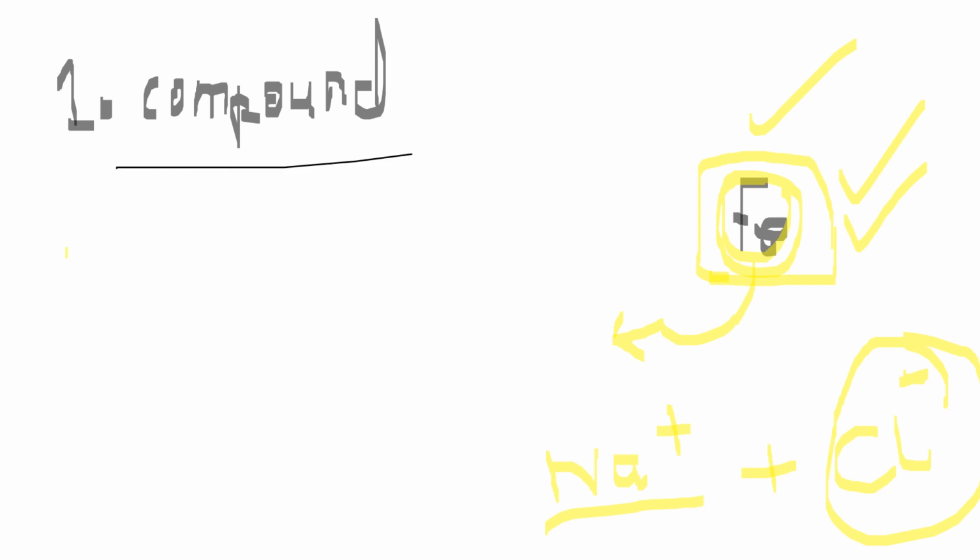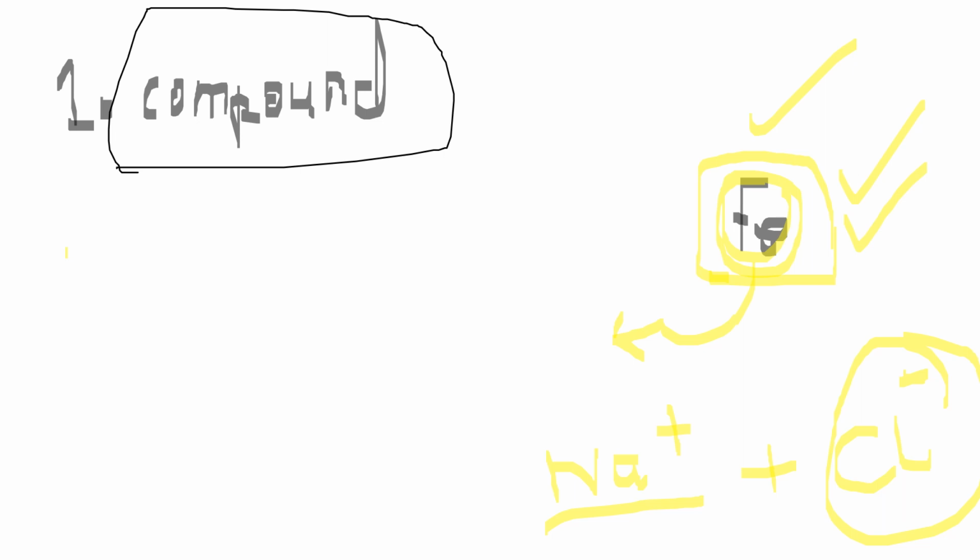So the first point that we should note is that it should be a compound, because a single element cannot produce ions apart from their valency, and they just have the outermost shell vacant.